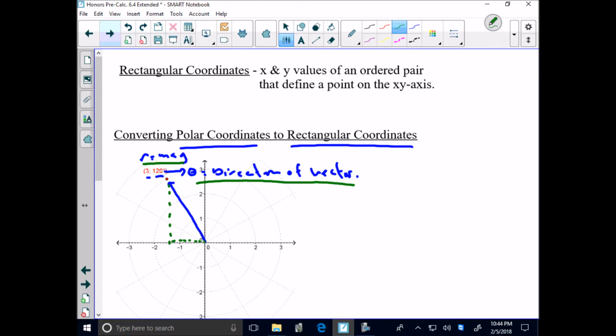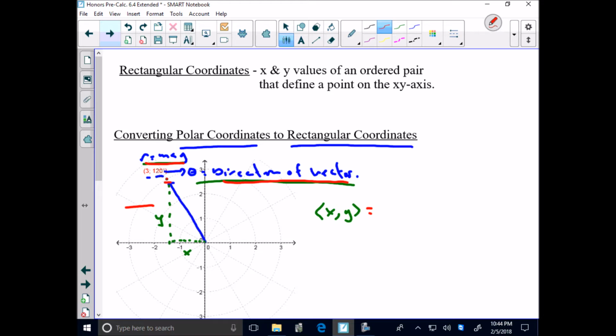So right here, we could say that with a horizontal change of x and a vertical change of y, component form would then be xy. And when we extend a vector from the origin, component form also gives us the x and y value for the ordered pair at the end of our vector. So right here, what we can say is, if we go ahead and take the direction of our vector and the magnitude r, we can determine our component form.